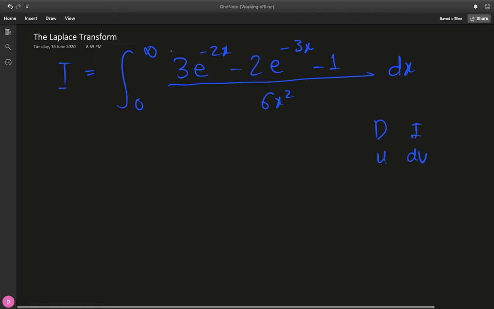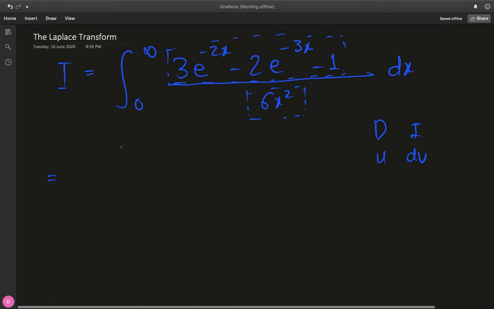So trust me when I say that this numerator in our case should be our Laplace transform function and this denominator should be our inverse Laplace transform function.